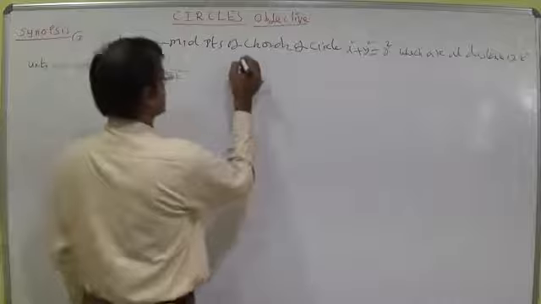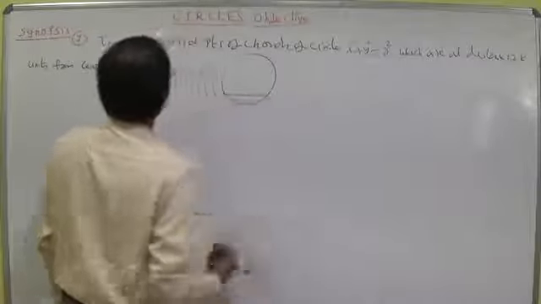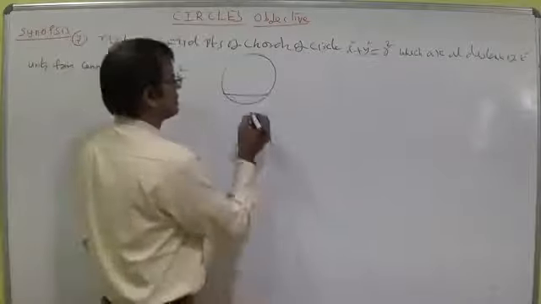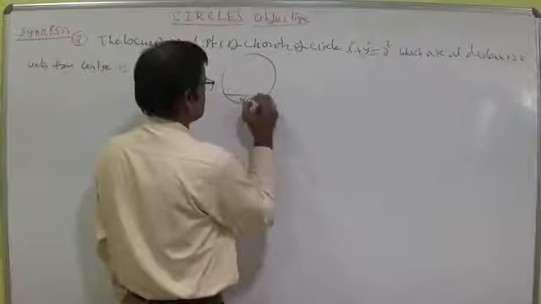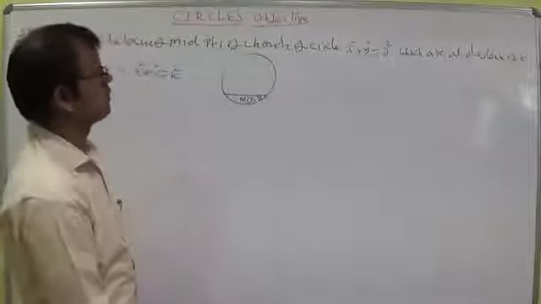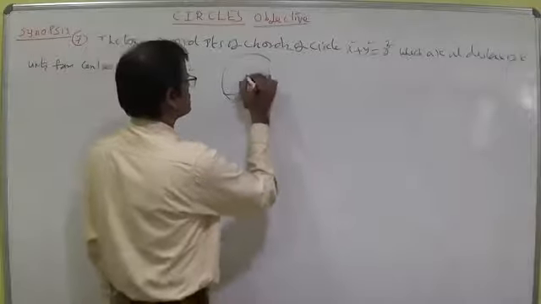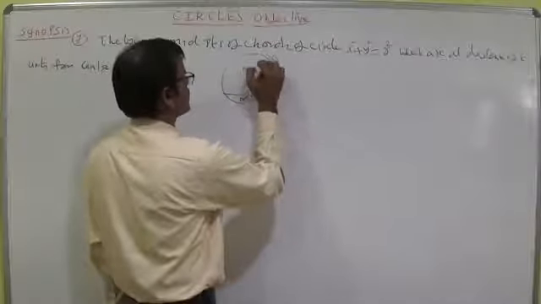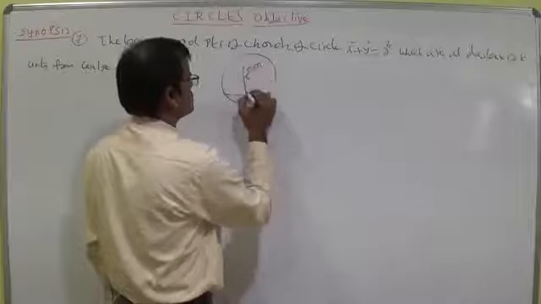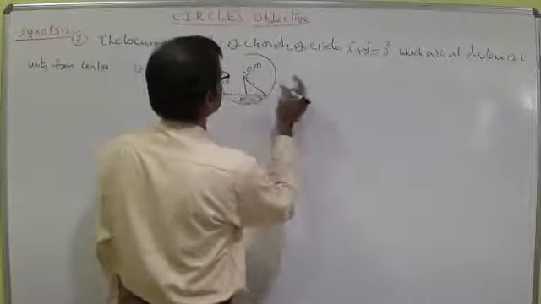Now let us discuss this synopsis as a sum. The locus of midpoints of chords of a circle. This is M, the midpoint taken as x1 comma y1, which is at a distance of k units from the center. This is the center; the circle center is simply 0, 0. So this is k units distance.